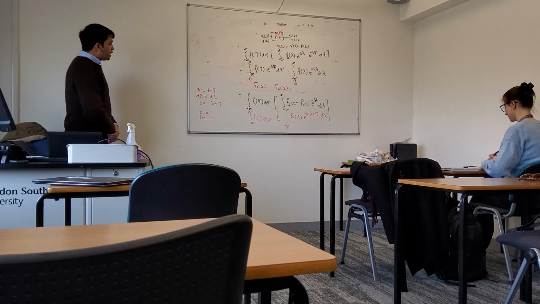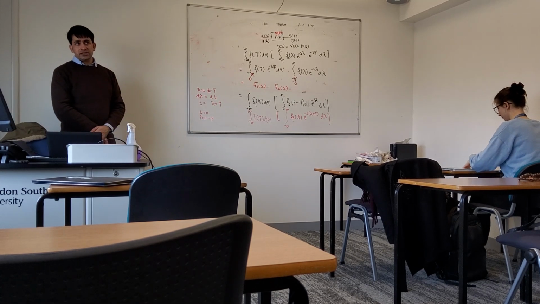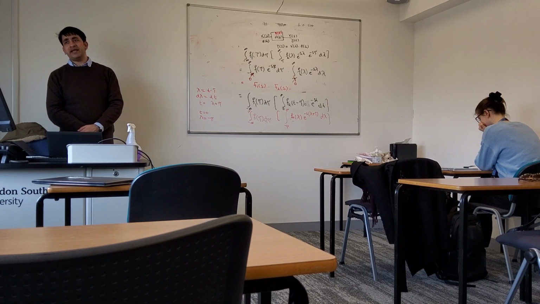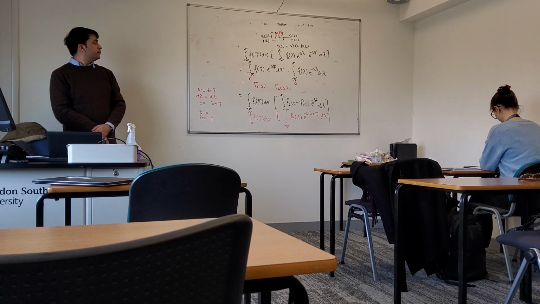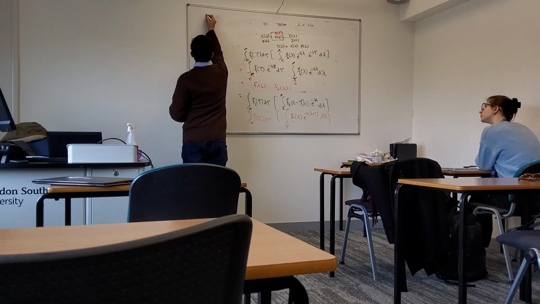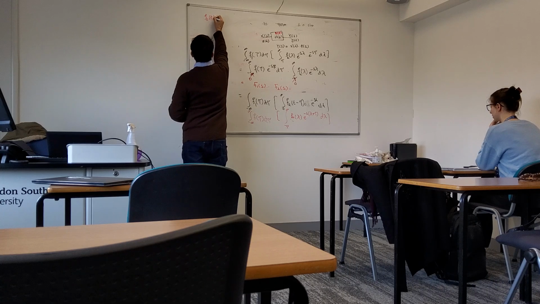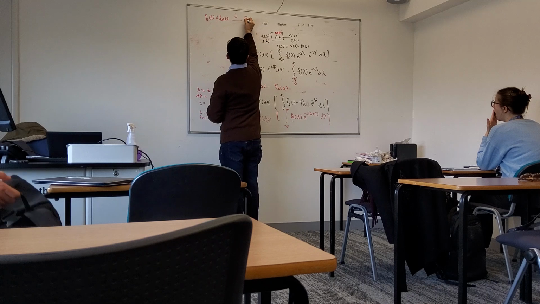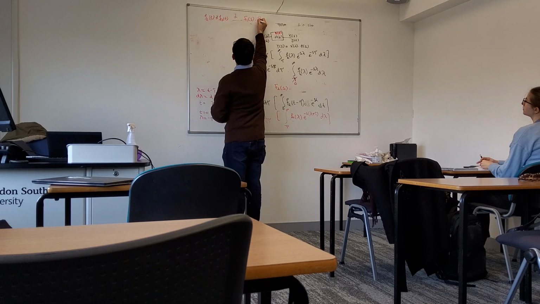So convolution in time domain is multiplication in frequency domain. It means that if I write f1 of t convolution f2 of t, in Laplace domain they are f1 of s times f2 of s.